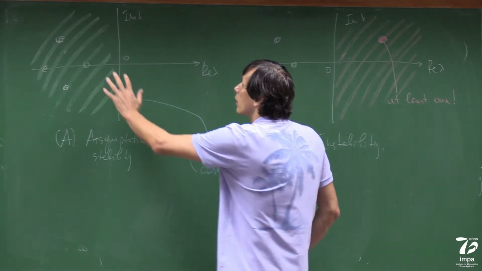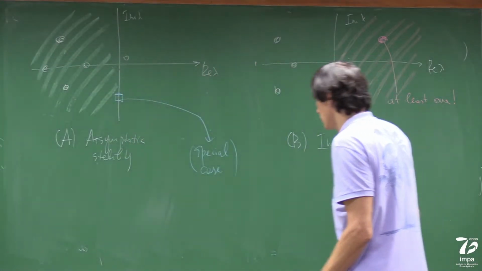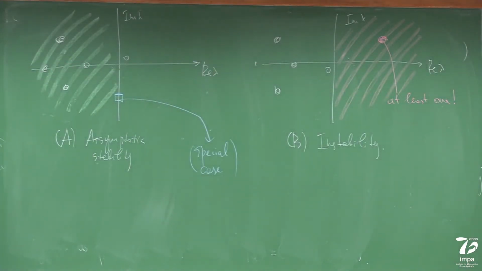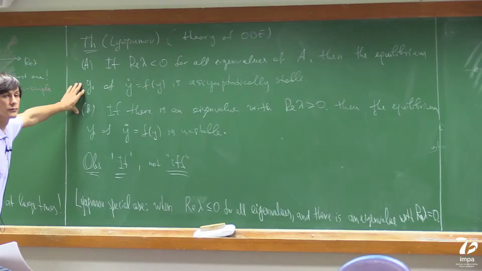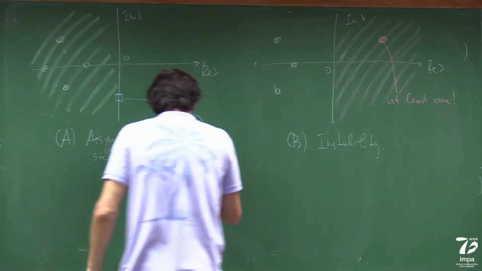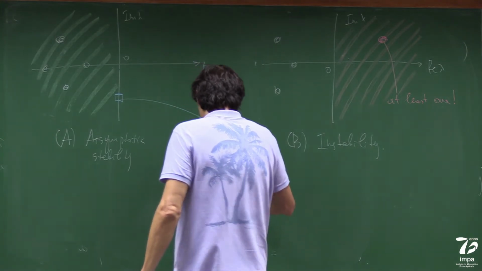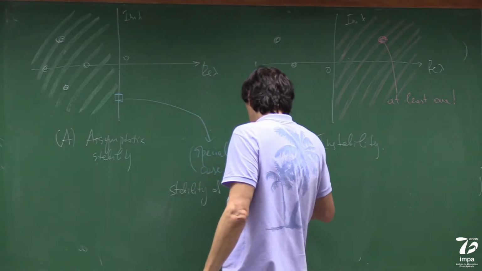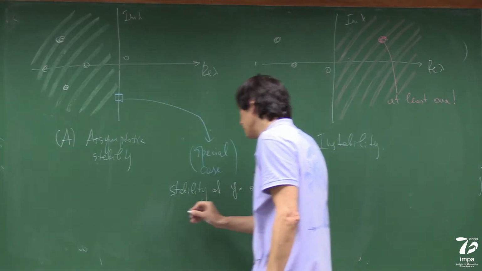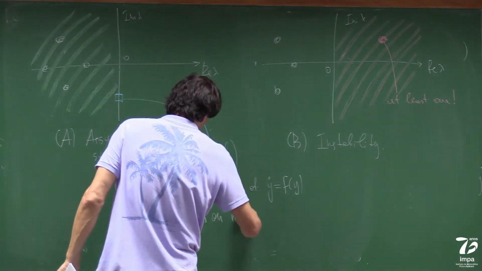So if all eigenvalues are on the left-hand side, but some of them appear on the imaginary axis, this is a special case. And special case is special because we don't have a general automatic condition for the stability. So in that case, stability of equilibrium of nonlinear system actually depends on nonlinear terms.